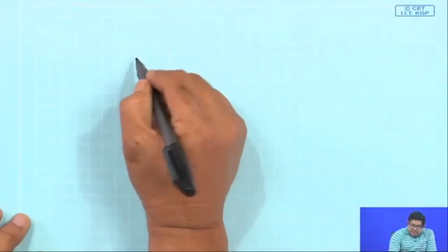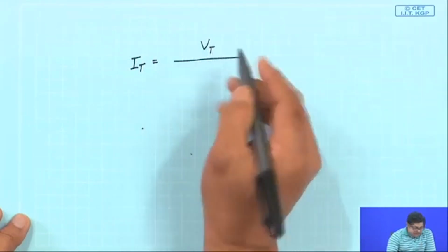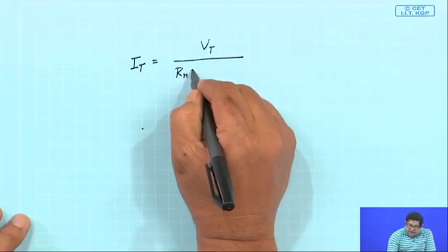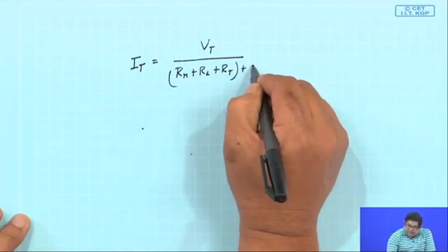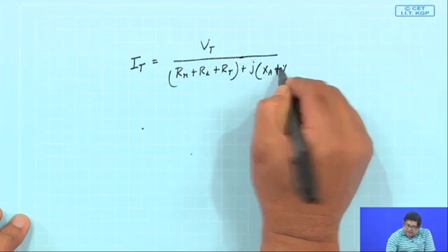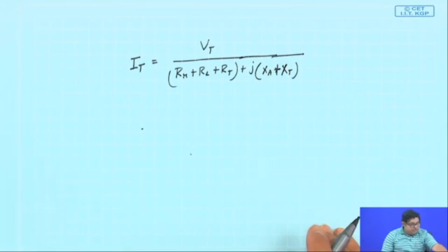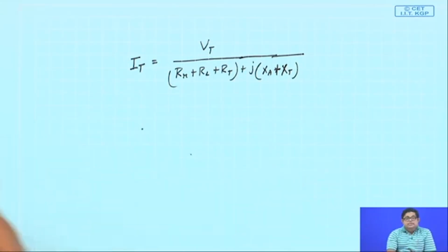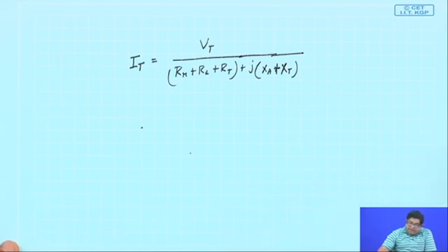I can very easily write IT as Vt, the induced voltage, divided by Rr plus RL plus RT plus j(XA plus XT). Now from here, similarly, we can find out how much power will come, how much power Rr will dissipate, how much RL will dissipate, etc.